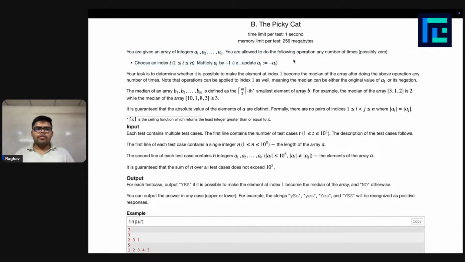Okay, so we have an array A of n elements. We can do the following operation any number of times in this array, where we have to choose an index i and we can multiply that value ai by -1. Our task is to determine whether it is possible to make the element at index 1 the median of the array after doing the above operation any number of times.